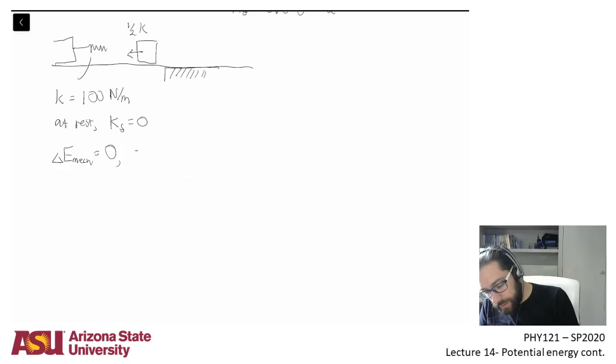So again, minus delta K is equal to delta U, right? In order for the box to come to rest, all the kinetic energy is potential energy, therefore minus delta K is equal to 0.5 joules.